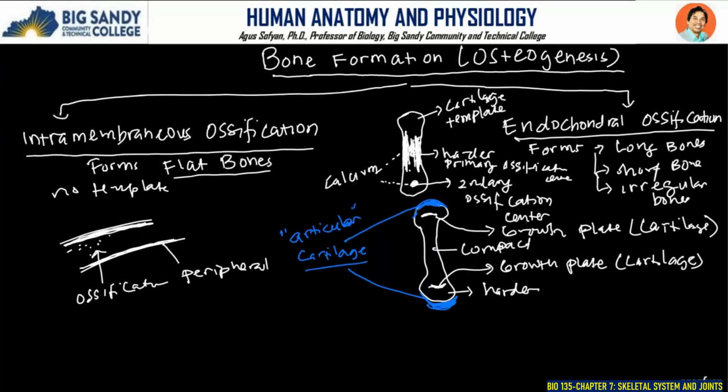Okay, it is the reason why the peripheral side will be compact, will be hard. But the middle area over here, they mostly gonna be spongy. Okay, so flat bone mostly have the spongy bone tissue compared to long bone.